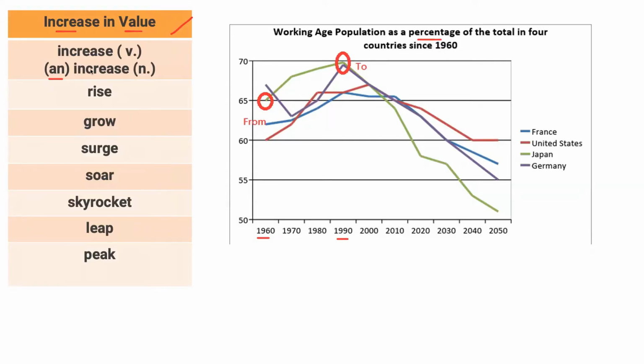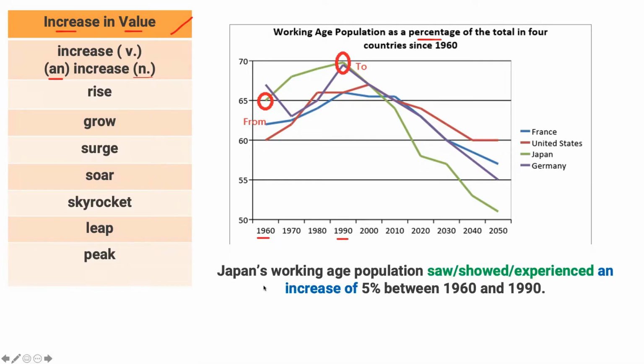Okay, now like I said earlier, we can also use increase as a noun. So let's look at an example of using increase as a noun. So we see here, Japan's working age population saw, showed, experienced, so you can use either one of these in green, an increase of 5% between 1960 and 1990. If you use increase as a noun, obviously you'll need another verb to go along with that noun.